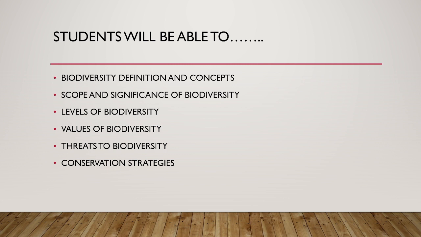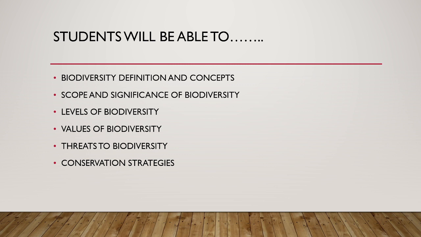In the values of biodiversity, we have studied direct use values and indirect use values. In direct use values, we have studied consumptive use values and productive use values. And in indirect use values, we have studied social and cultural value, ethical and moral value, aesthetic value, and option value.